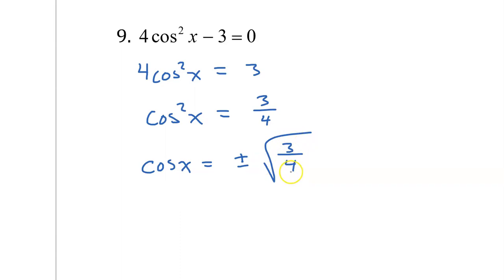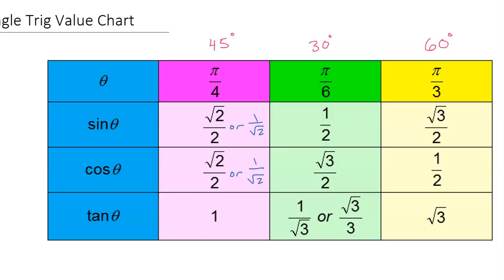Taking the square root of a fraction is the same as taking the square root of the numerator and denominator separately. So this is like having the square root of 3 over the square root of 4. But of course the square root of 4 is 2. So we have cosine x is equal to plus or minus radical 3 over 2.